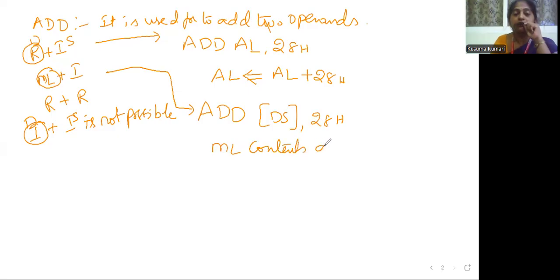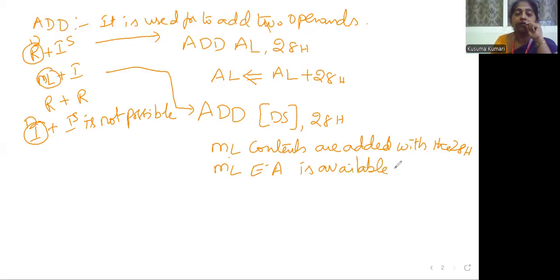The memory location contents are added with 28 hexa, which is the immediate number, but the memory location effective address is available in the data segment register. That is the meaning of this.